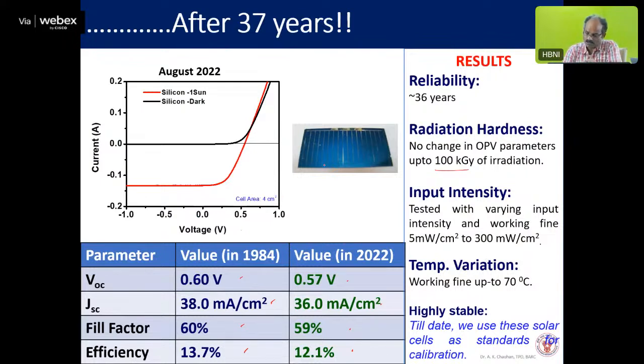These solar cells, which were developed in the 1970s, were tested by varying input intensity and are still working fine, giving proportional output between 5 milliwatt and 300 milliwatt per centimeter square inputs. We varied the temperature up to 70 degrees centigrade, and these are working very fine. So till date we use these solar cells as standard for calibration.